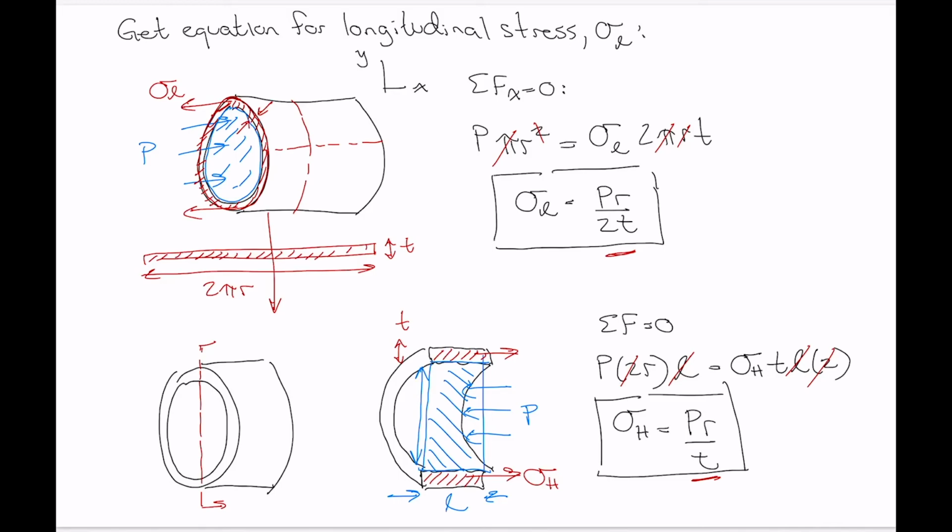This is when you barbecue a hot dog. Here's your hot dog that you're barbecuing, and you will find that if you leave it on the grill long enough, you will get a split that develops longitudinally like that.